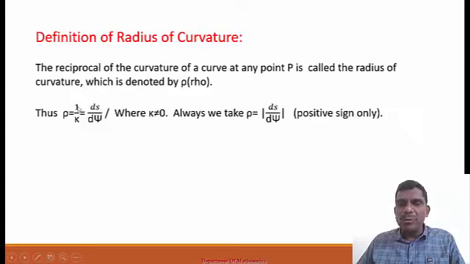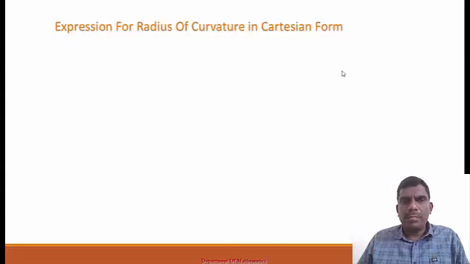So rho is equal to 1 divided by kappa, or I can say this is equal to ds by d psi, where kappa is not equal to 0. We always take rho as a modulus value, a positive sign only. From this, we are going to express the radius of curvature in different formats, which we will take one by one.